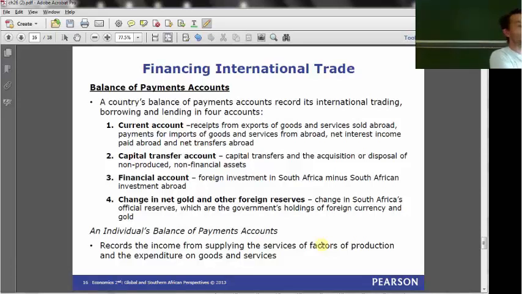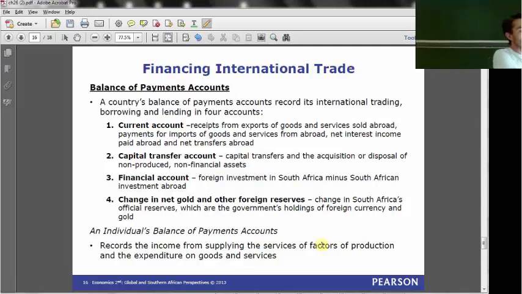Current account is goods and services, and some other stuff, but mostly just goods and services. Financial account is financial assets. Again, there's some other stuff in there, but it's mostly just financial assets.